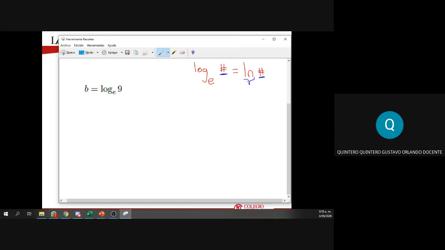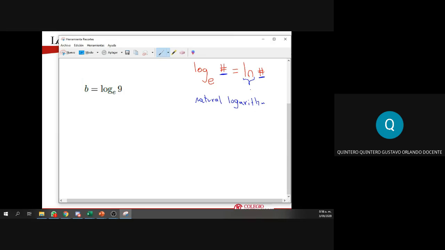This ln, as I said, is the natural logarithm. Sorry about my handwriting, guys. The natural logarithm. En español se lee así también. Logaritmo natural. LN, logaritmo natural.